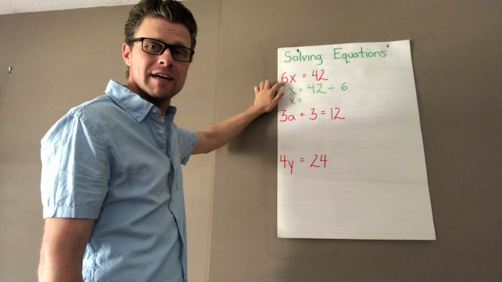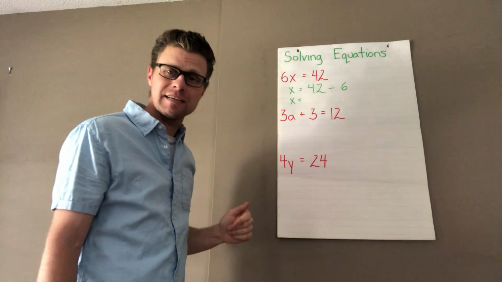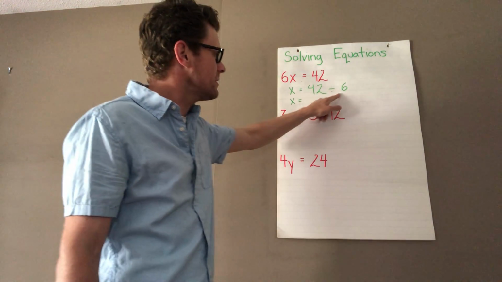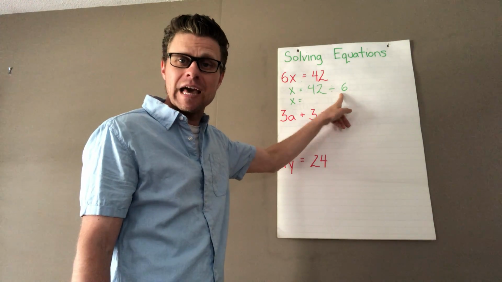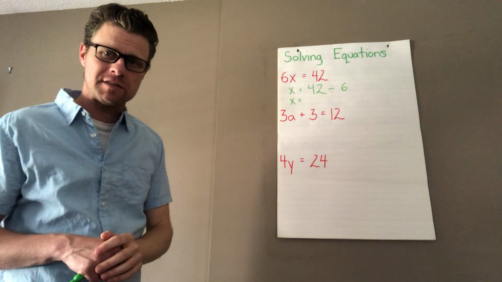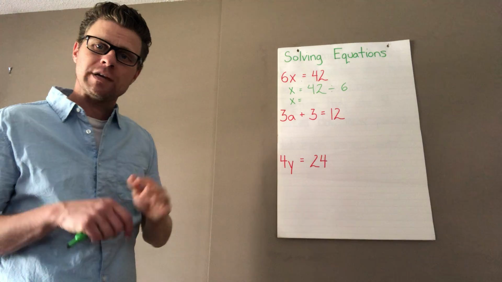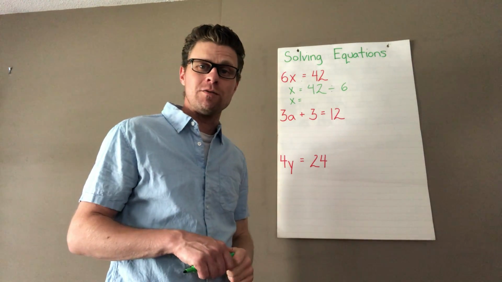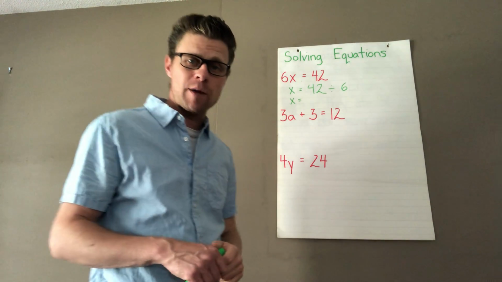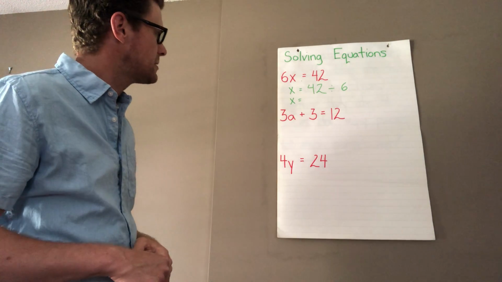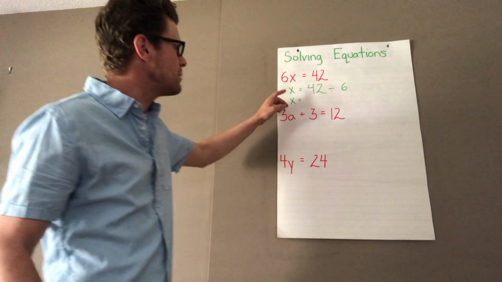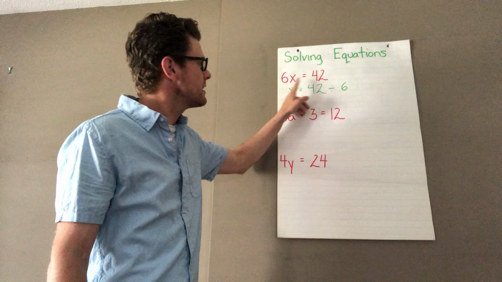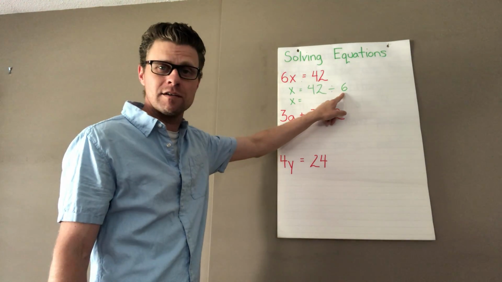So this means 6 times x, but we're going to take that 6 and move it over to the other side of the equal sign. And when we do that, we have to reverse the sign. So the opposite of multiplication, as we know, is division, just like the opposite of addition is subtraction. So I've already moved our 6 to the other side of the equal sign.